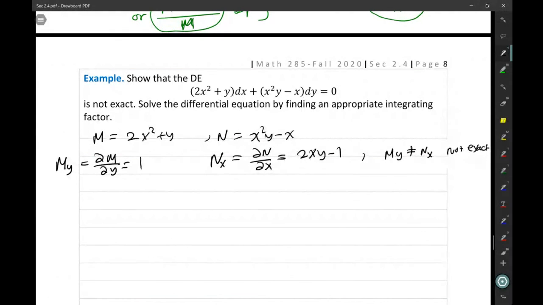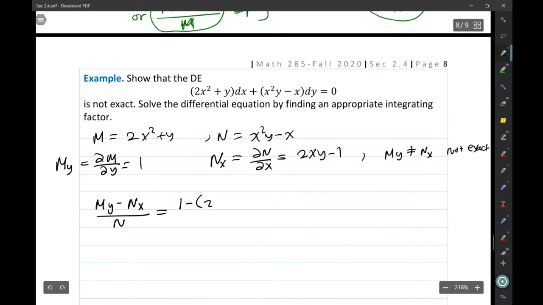Let us try the first trial. First trial, M sub y minus N sub x divided by N, which should be 1 minus (2xy minus 1) divided by N, which is x squared y minus x.